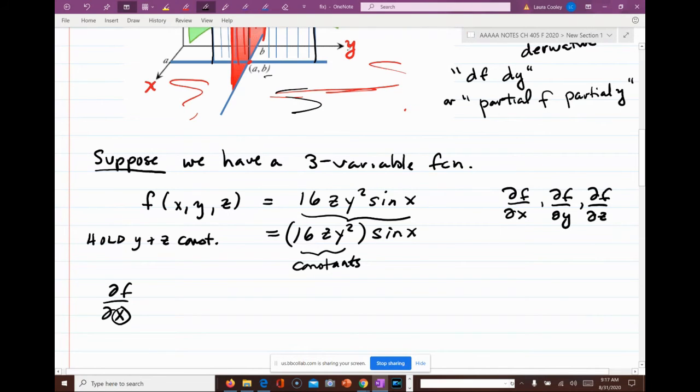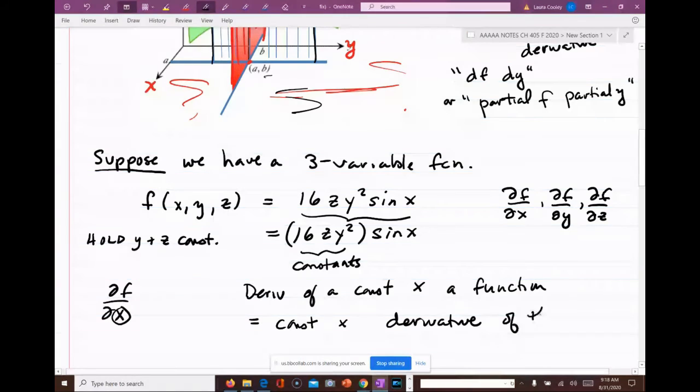So these I'm going to treat as constants. Okay, so we know that the derivative of a constant times a function is equal to the constant times the derivative of the function. I hate using x for times, let's just write times.